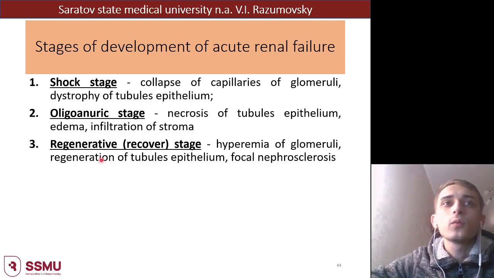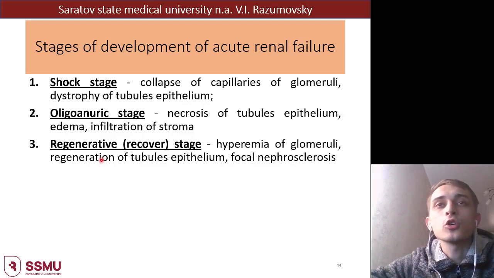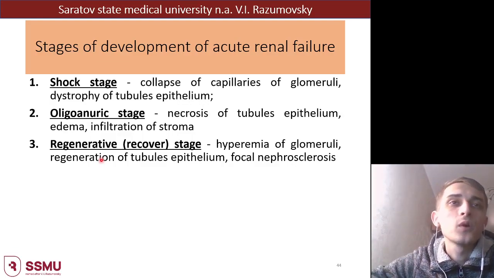This pathological process has three stages. The first stage is shock kidney, and it is associated with collapse of capillaries of glomeruli, dystrophy, mostly protein dystrophy in the tubes' epithelium.